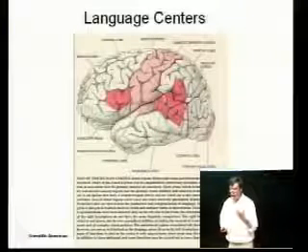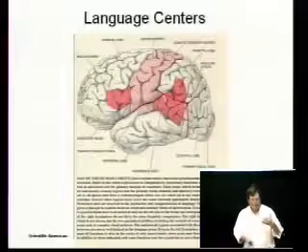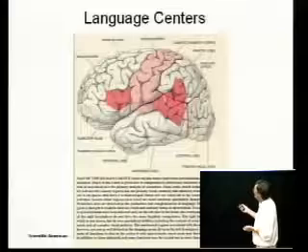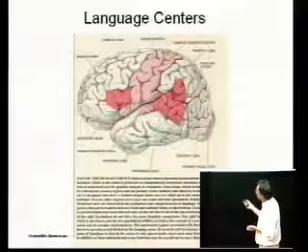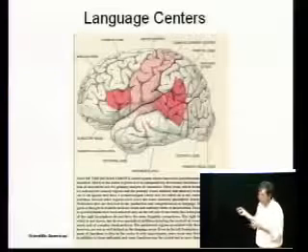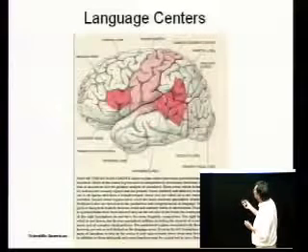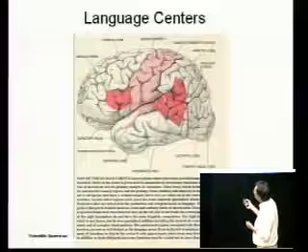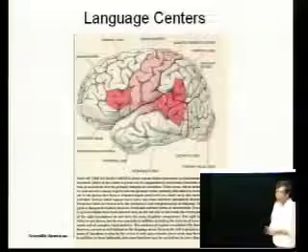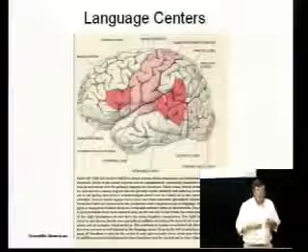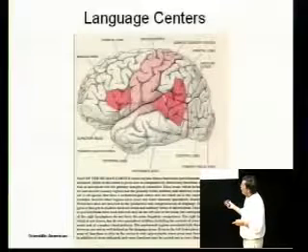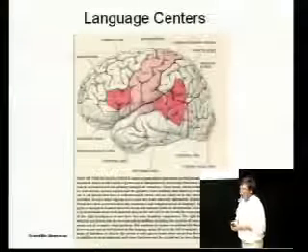Broca's aphasia, the expressive aphasia, where the person has difficulty speaking, but the speech makes sense, is associated with damage in a portion of the frontal lobe right here, known as Broca's area, because he discovered it, which lies just adjacent to the motor cortex of the frontal lobe. So Broca's aphasia, an expressive aphasia, is associated with damage in areas adjacent to the motor cortex.